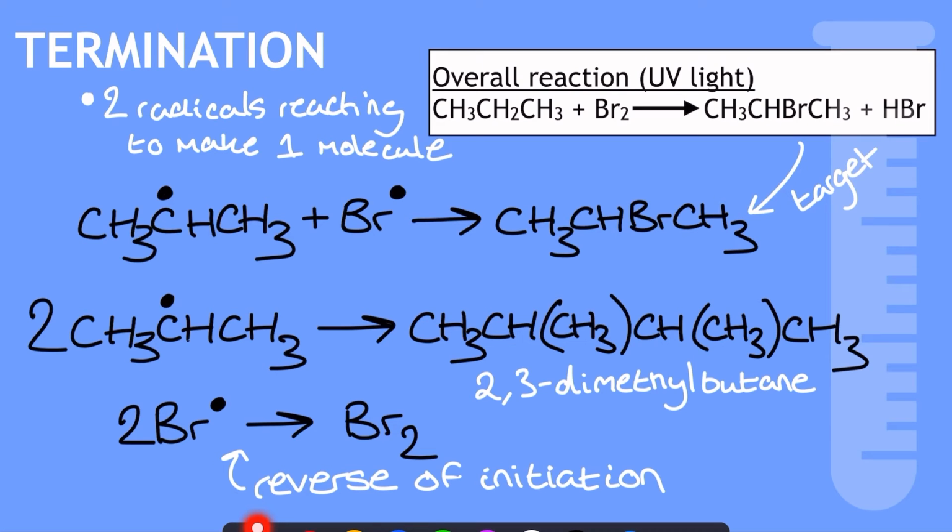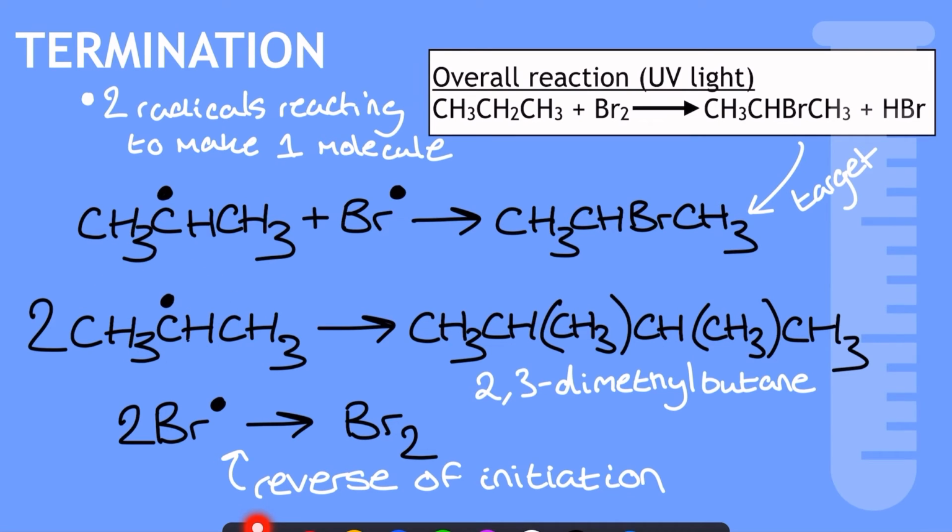The second option, quite tricky. This seemingly makes a branched organic compound just here. So why is it branched? This is because the propane radical that we made and used in propagation had the radical dot positioned at the second carbon along in the propane chain.